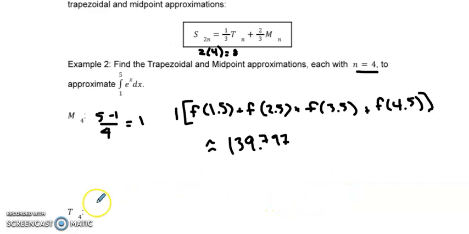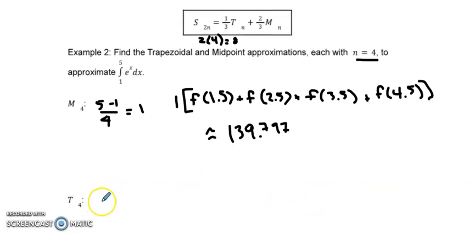Okay, so let's do now the trapezoidal approximation. If you recall, my coefficient out in front of the trap will be delta x over 2. What I need for that is my delta x, which is the difference between each partition: from 1 to 2, from 2 to 3, from 3 to 4, from 4 to 5. That's 1. So of course, 1 over 2 is the coefficient in front. And for the trap, if you recall, 1 is the coefficient times the left-hand height, plus 2 times every middle height.